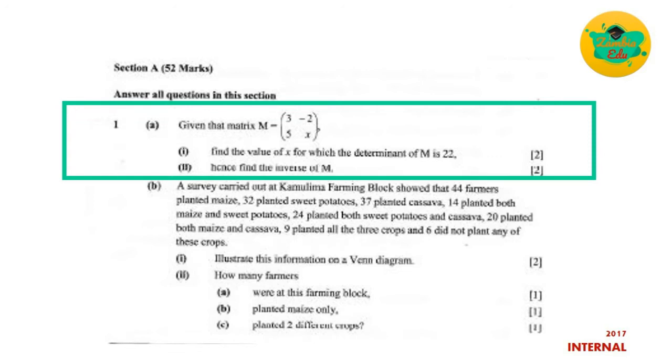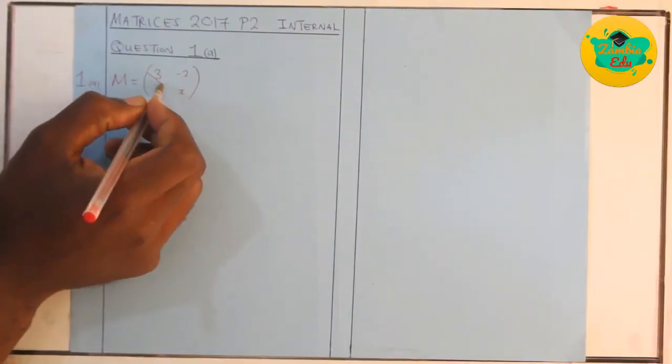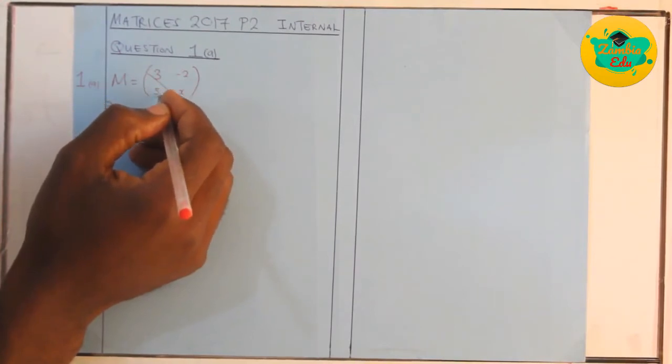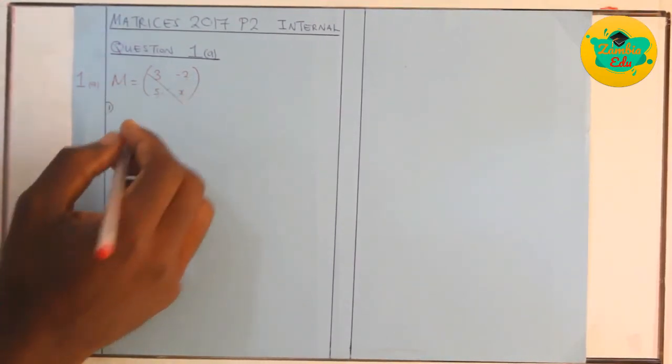So part 1 of this question of finding the value. As usual, you know that that is the major diagonal, then this is the minor diagonal.